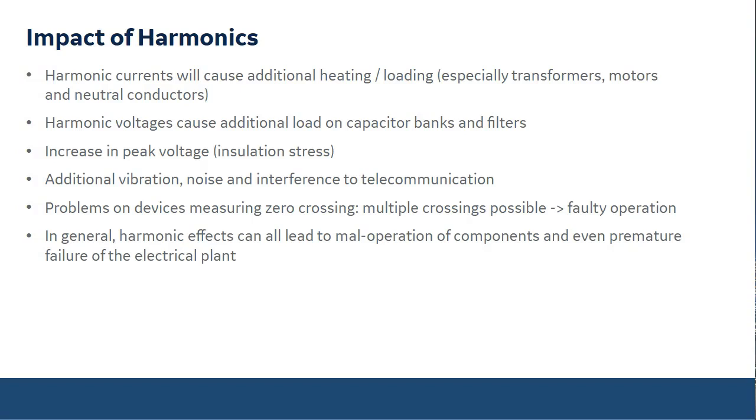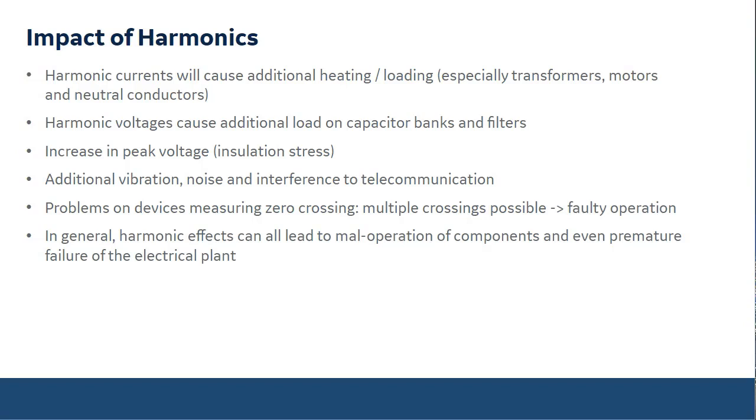additional vibration and noise in telecommunication, and you can have problems with devices measuring zero crossing. There's a possibility that you will have multiple crossings there, so we'll have failures in operations because of this. And in general, harmonics lead to maloperations, malfunctions, component failures, and even premature failures, and you will shorten the equipment life with these harmonics.